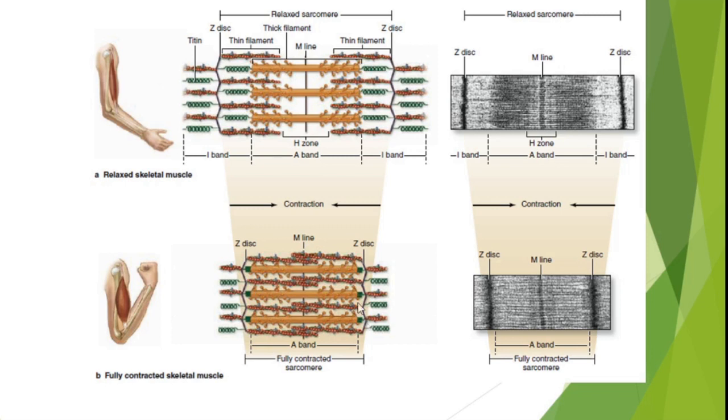During contraction, nagkakaroon ng movement ng thin filament towards the center, papunta sa M line. So, from the relaxed state, during contraction, magmo-move siya towards the center. The A band remains the same. Okay? So, that is the sliding filament mechanism.